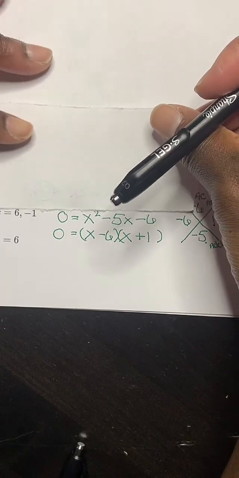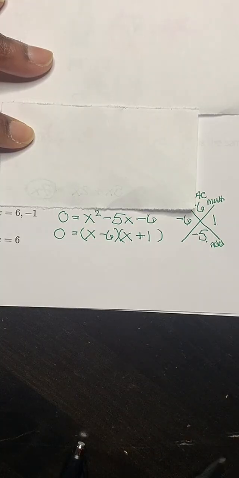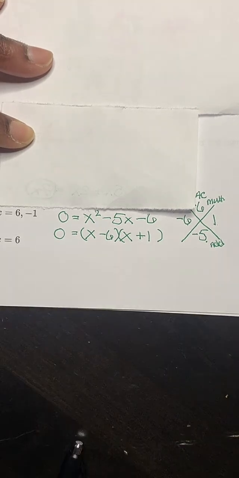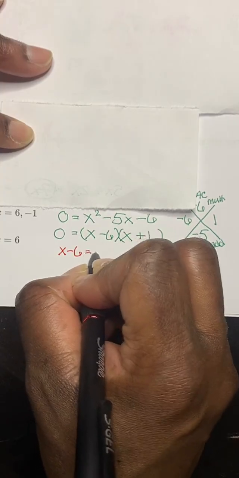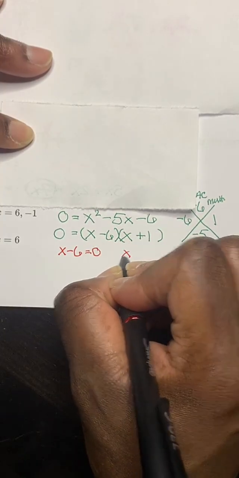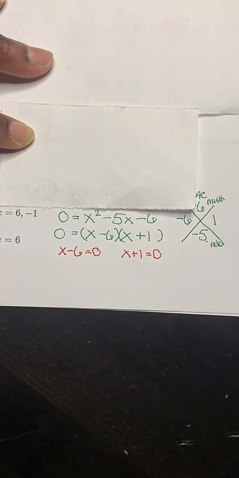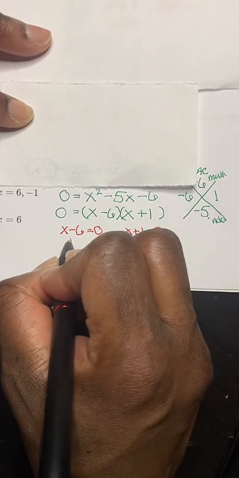Okay, so let me cover up to there. So since we're solving, we need to set each of the parentheses equal to 0. Okay, so this I'm going to add 6.